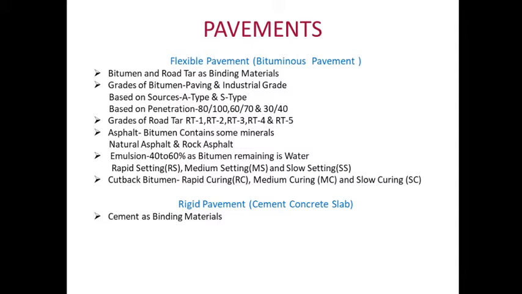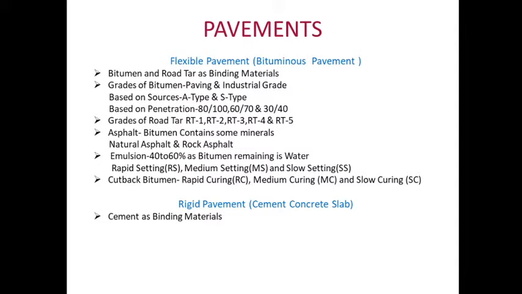Based on the penetration test, we can classify bitumen as 80/100, 60/70, and 30/40 grade. Nowadays, we are classifying bitumen based on viscosity, that is viscosity grade VG10, VG20, VG30, VG40. Then road tar is destructive distillation of coal and wood.